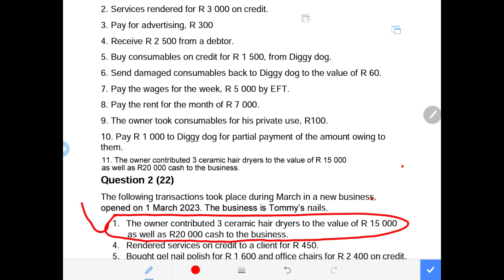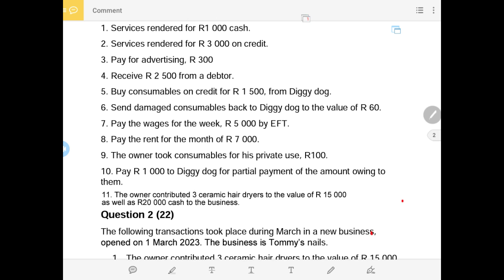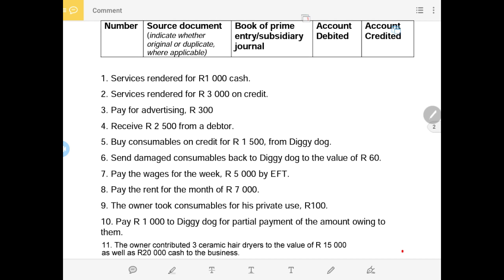I just decided to apply the principles where capital is contributed, and how we record that in the subsidiary journals.